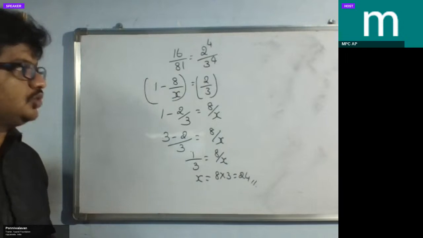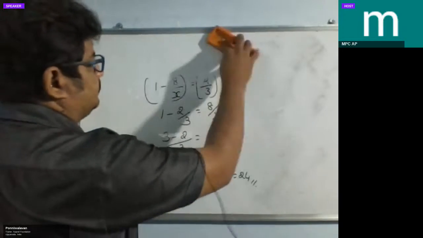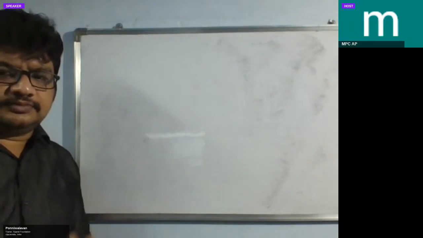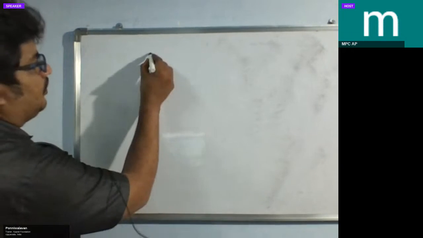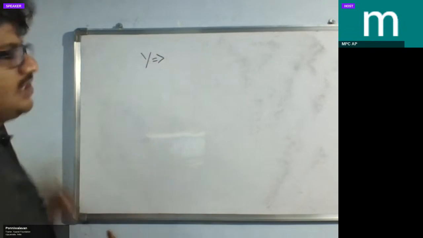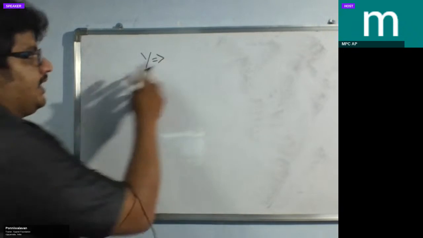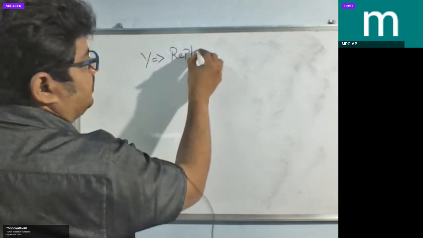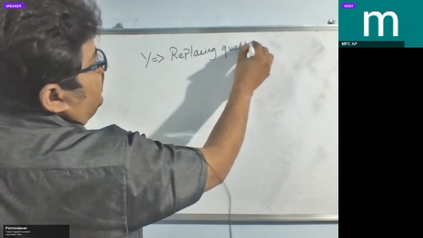Nandu, tell me. While explaining the formula, what did I tell? Y is the amount of milk replaced. So this is the replacing quantity. Read the question carefully.